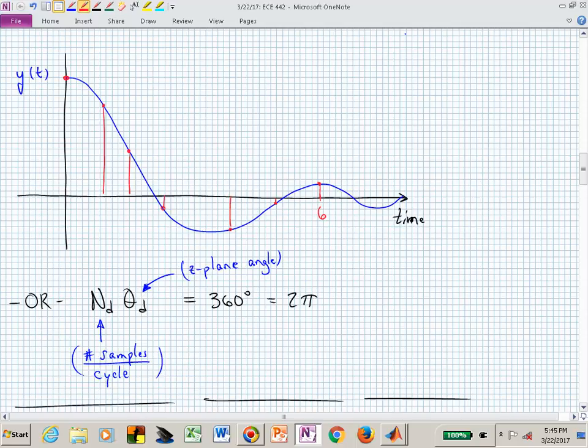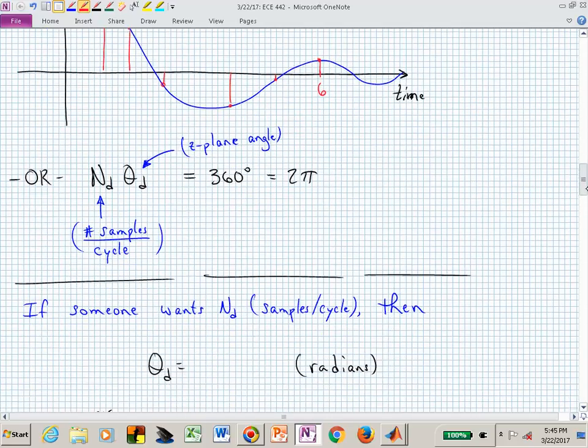So in this case, we can think of it either as n sub d is 360 divided by theta sub d, or we could say the number of samples times theta sub d is 360 or 2 pi. Meaning, now we could actually go the other way. Suppose that somebody wants a particular number of samples per cycle. What does that correspond to in terms of theta sub d if we wanted that in radians?